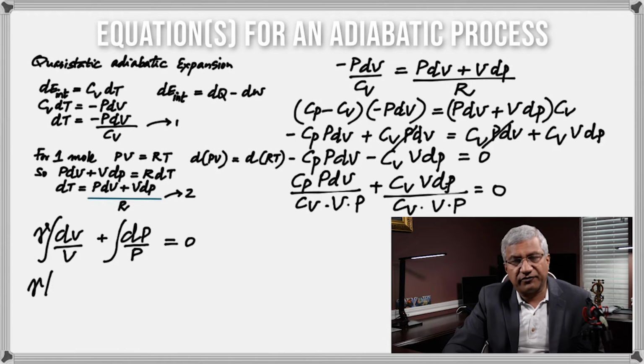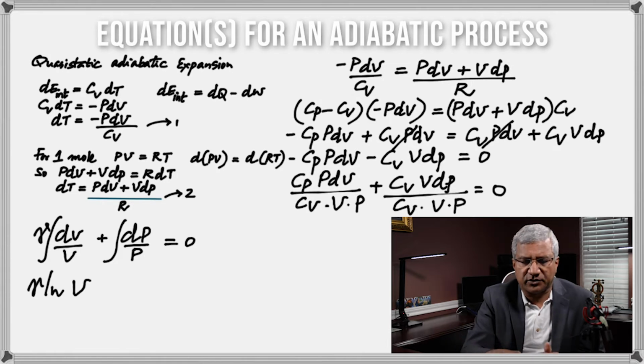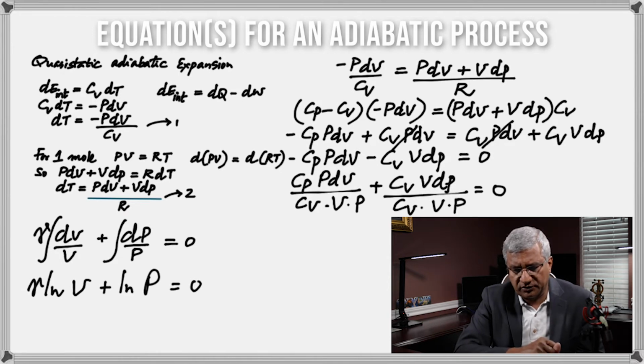Now integrate. Before you integrate, the constant is taken out, so gamma is taken out, and the integral of dV by V, or 1 by V dV, is natural log of the volume, plus natural log of pressure is equal to 0.